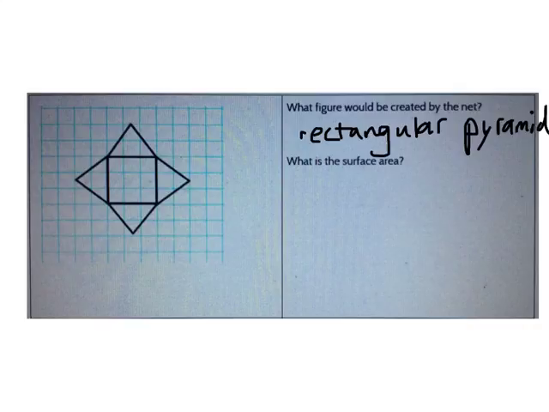What would the area of the middle square be? It's 9. 3 times 3 is 9. Now I need to find the area of each triangle. The base of each triangle is 3. The height of each triangle is 2.